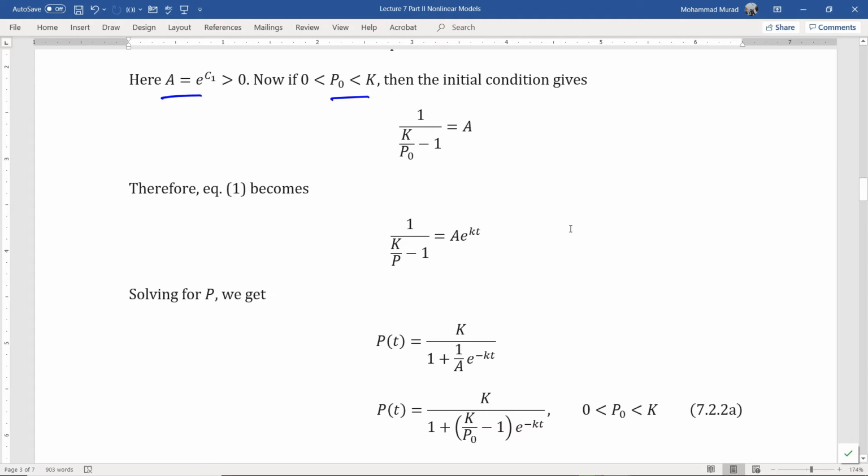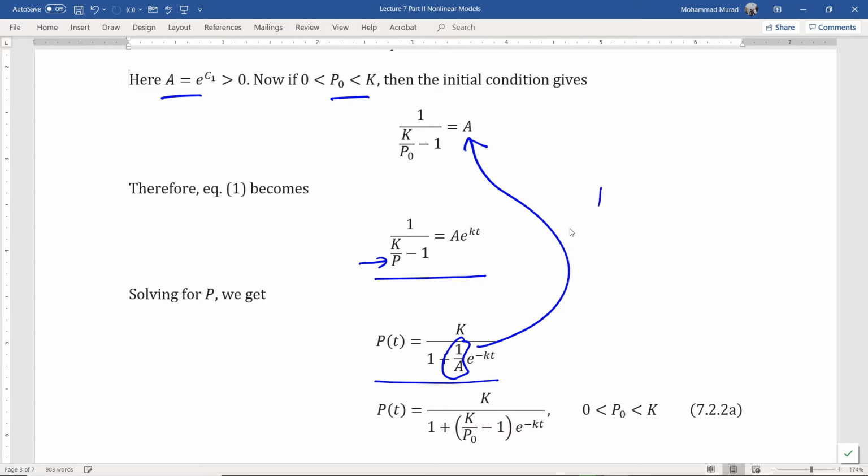Therefore, equation 1 becomes this equation, and we solve this equation for p, we get this equation, and then we substitute the value of 1 over a from here, we obtain the equation. This is the solution of the logistic differential equation subject to the initial population p sub 0 with the situation that p sub 0 is smaller than the carrying capacity.